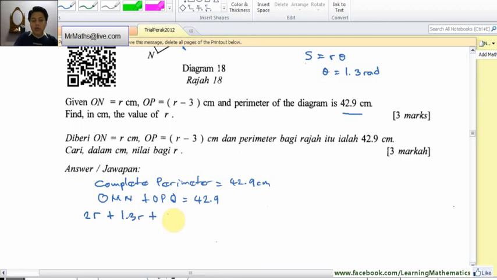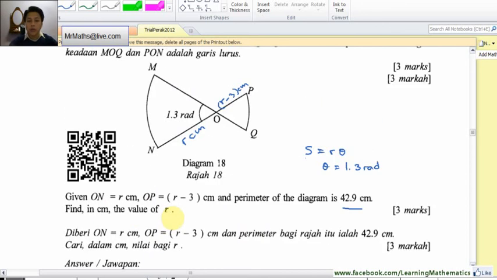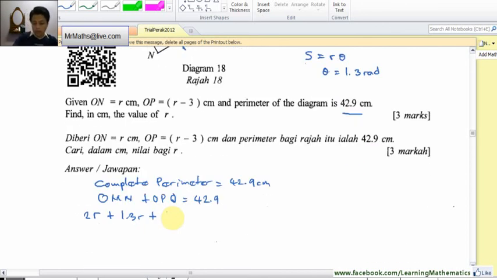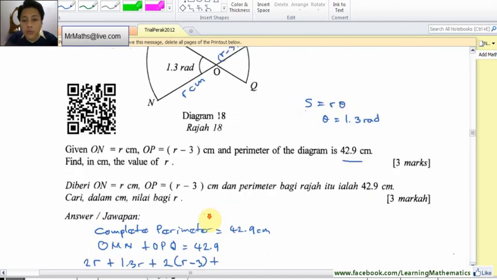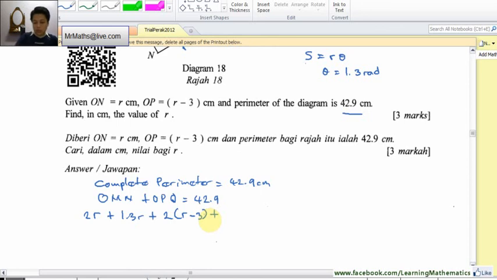And then OPQ is made up of two radius as well, but this radius is now r minus 3, so that is equal to 2(r minus 3) plus the length of the arc PQ, which is (r minus 3) multiplied with 1.3 radian.